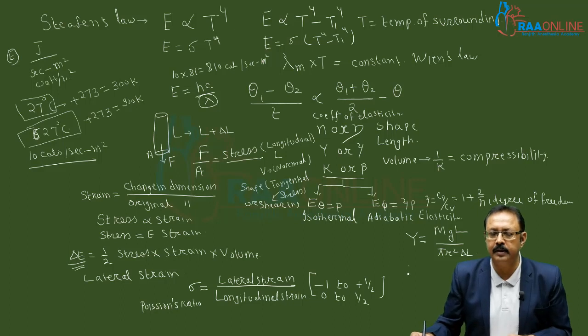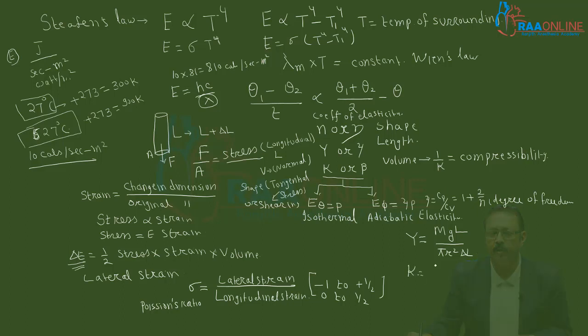If bulk modulus is there, stress means pressure, which is also force per unit area, into original volume upon change in volume, and compressibility is its reciprocal. And for eta, remember always, shearing strain is always in terms of angle. We are measuring shearing strains in terms of angle.